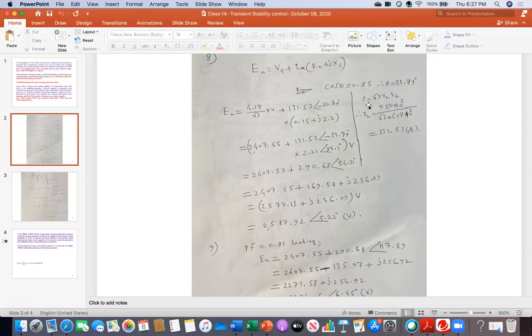You see, S equals root 3 V_LL, here the line quantity. This is my mistake. So that's why you should be getting line current 31.53. So we have to use the given V, not the one we divided by square root of 3.